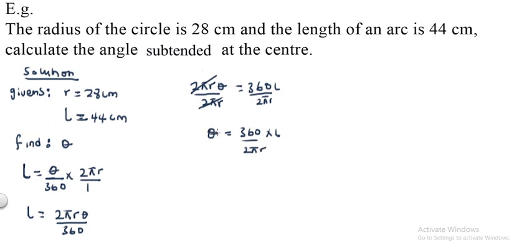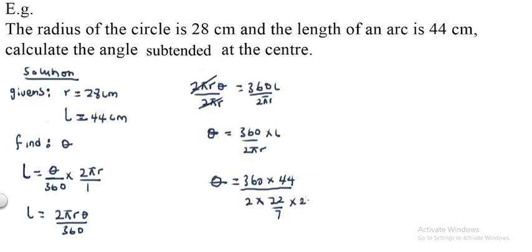From here we can easily plug in our values to give us what we want. We know that theta is equal to 360 times our L value, the length of our arc, which is 44 centimeters, divided by 2 times pi, which is 22 over 7, times r.